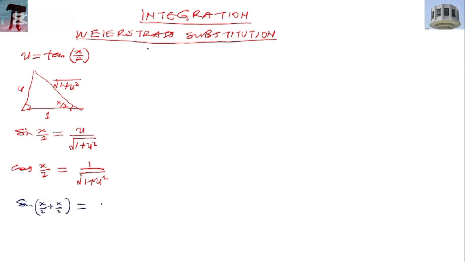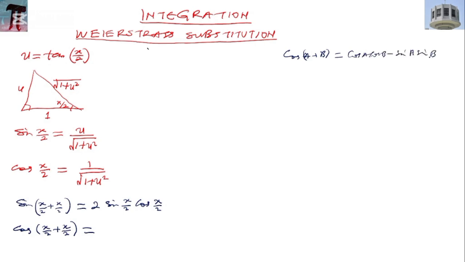Sine(a plus b) is sine a cos b plus sine b cos a.